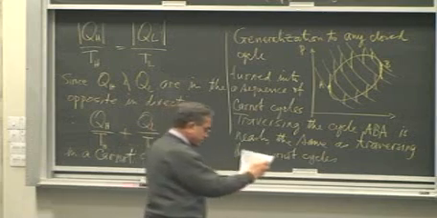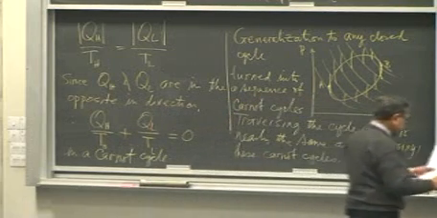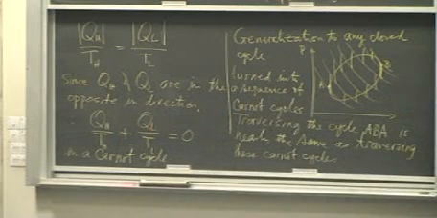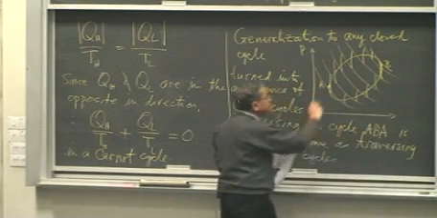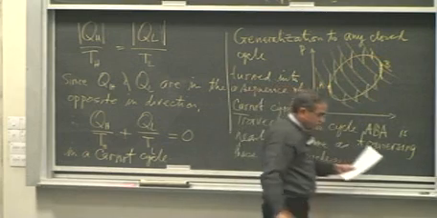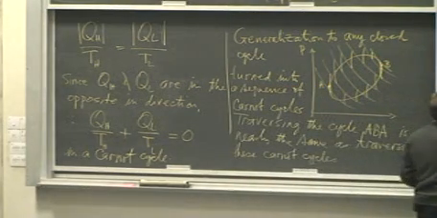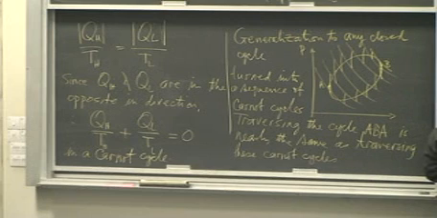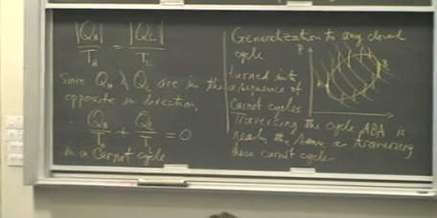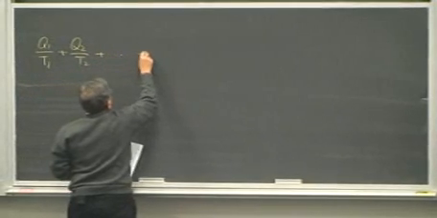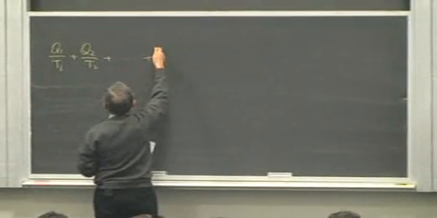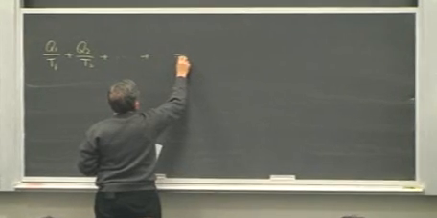What is the advantage of that? The advantage is that traversing the whole cycle A, B, and then coming back to A would amount to something like Q1 over T1, and so on, for all of them.